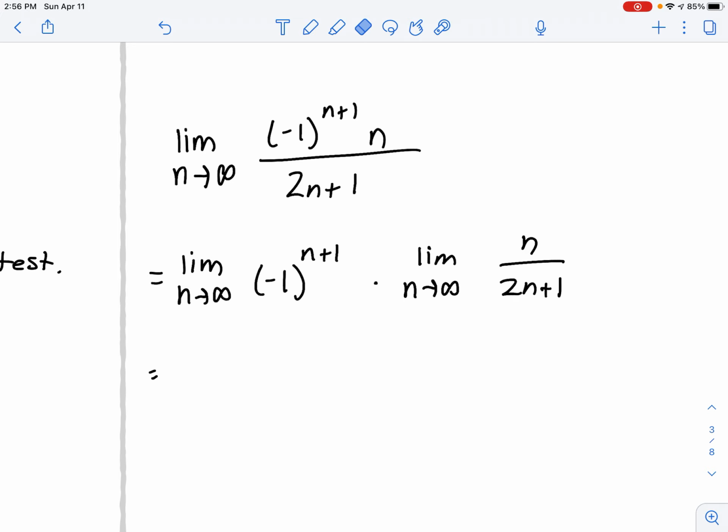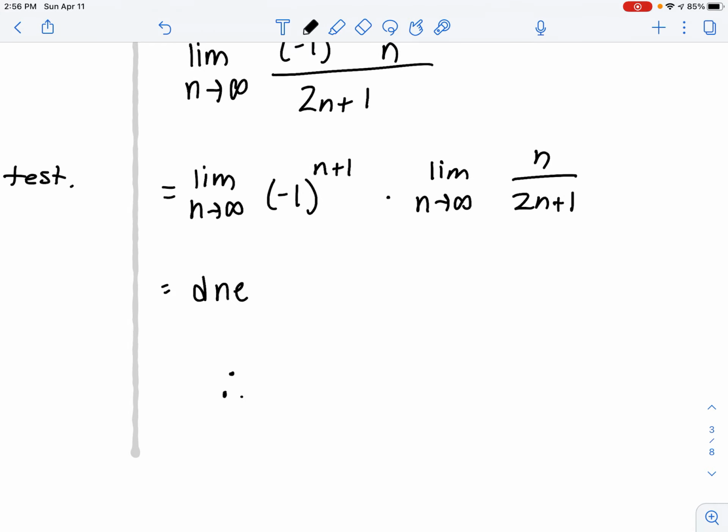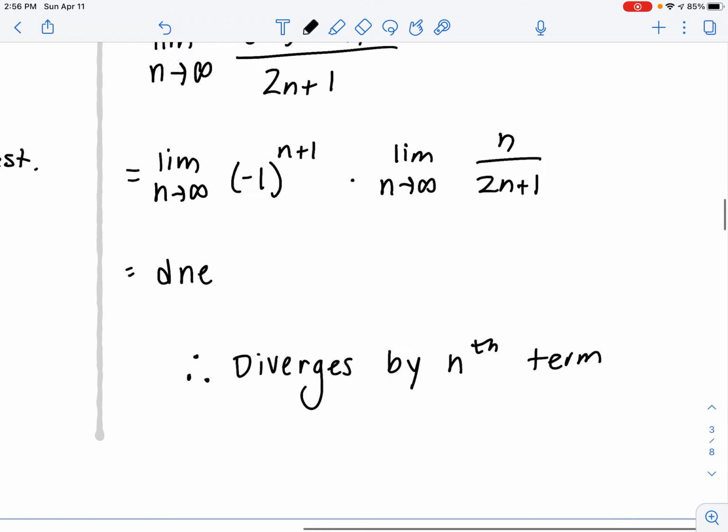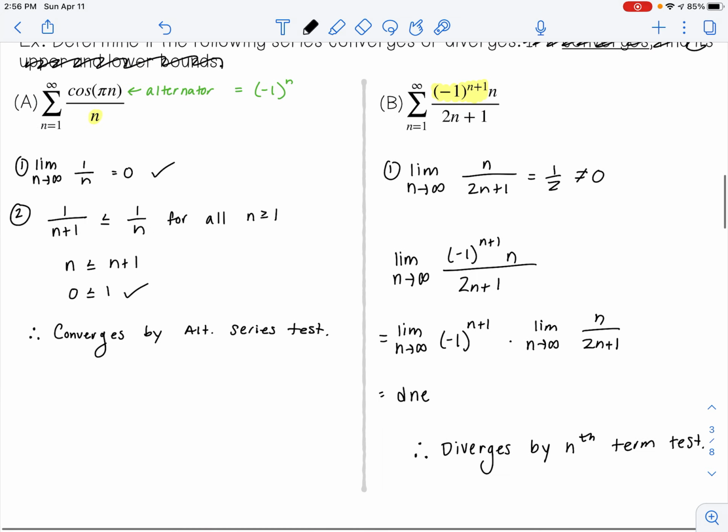So the limit of the first part, -1 to the n plus 1, that's oscillating, that doesn't exist. And then we know that the limit of the other part is 1/2, we just did that. So the overall limit does not exist, which means that this diverges by the nth term test. Remember, nth term test proves divergence if the limit is not equal to 0 or if it doesn't exist. So typically you're going to use the nth term test when you think it diverges instead of converges by alternating series test.